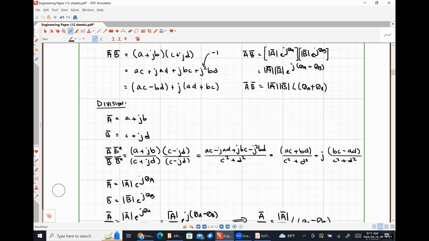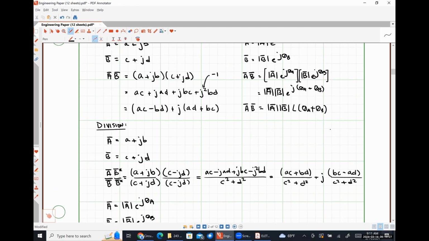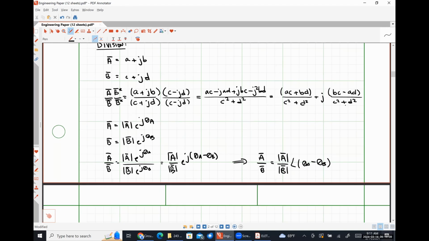Chances are it's my mistake. So up here in polar form, I accidentally had theta A minus theta B instead of theta A plus theta B. So up here where it's theta A plus theta B, it needs to be the same thing down here. Just like over here where we have theta A minus theta B, it needs to be theta A minus theta B. Absolutely. Thank you for that.